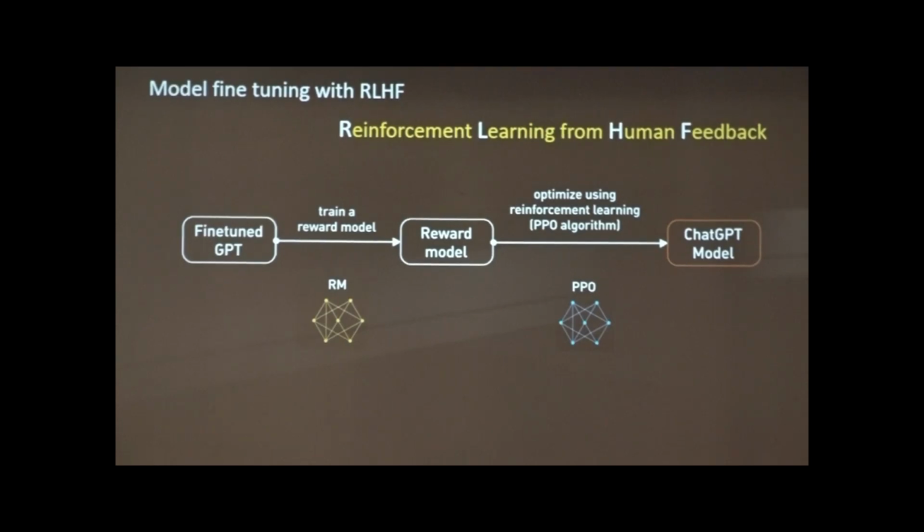This fine-tuned GPT model will be fine-tuned by taking feedback from the behavior of human beings, and from those human preferences which are collected, it will build a reward model.